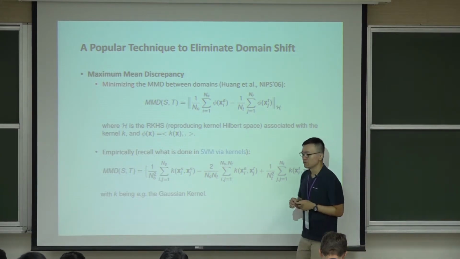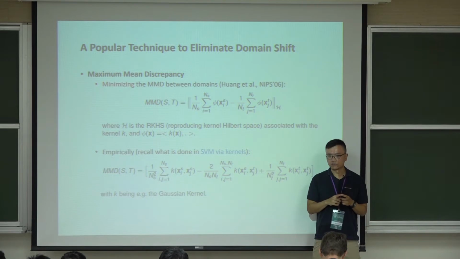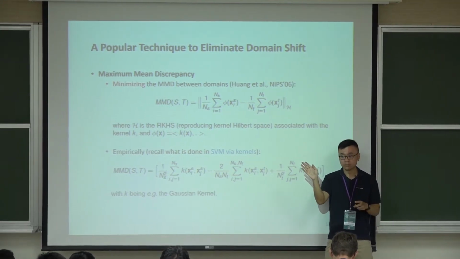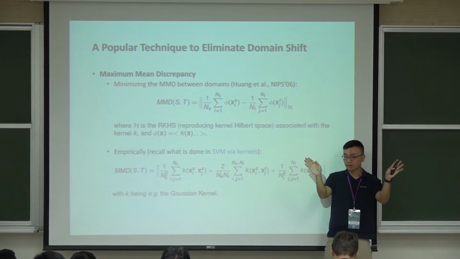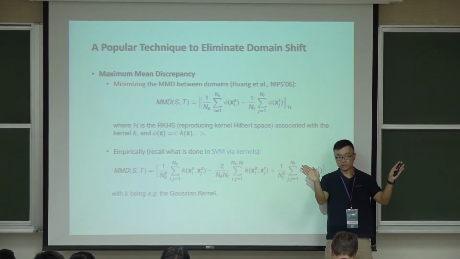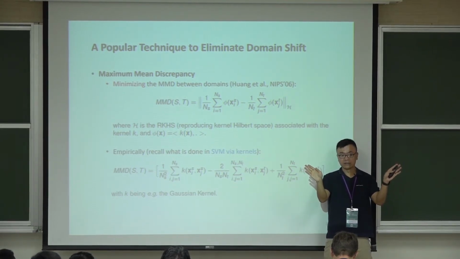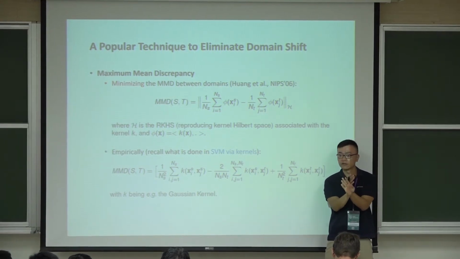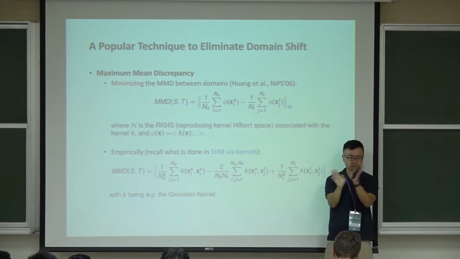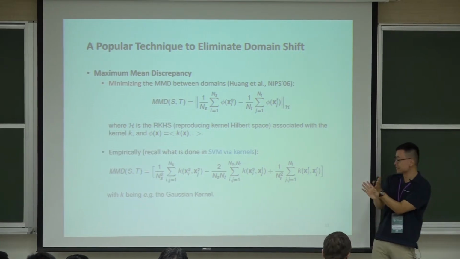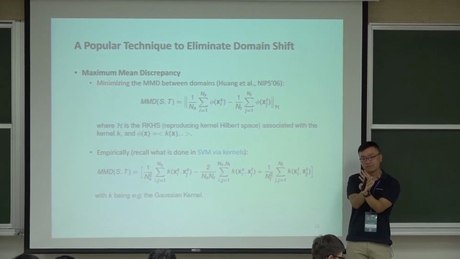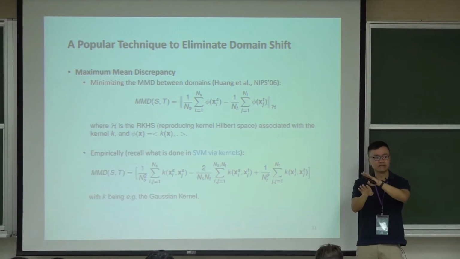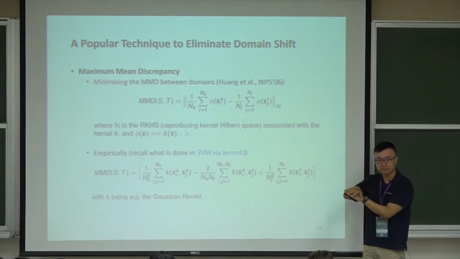You can imagine that if we have a source domain data distribution looking like this, and the target domain distribution looking like this, if you make the domain means close to each other, yes, they are close to each other, but the distributions are still very different, right? I don't know how to make this easier for you to understand, but anyway, it only makes the global means close to each other, but it doesn't make the distributions really overlap with each other, right?